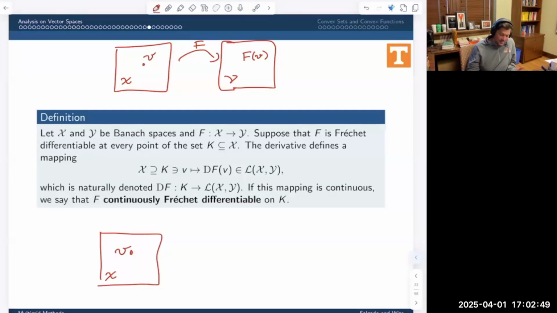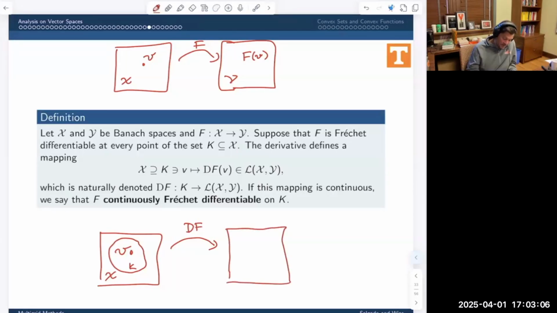So if it's differentiable at a bunch of points in a set, or all the points in a set K, then we have this derivative mapping called df. Now every point over here is going to be a bounded linear operator, I should say.